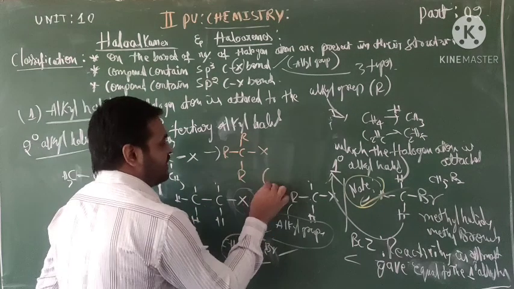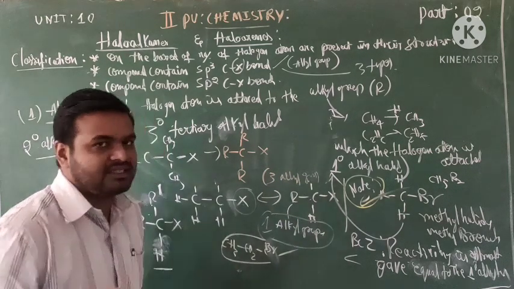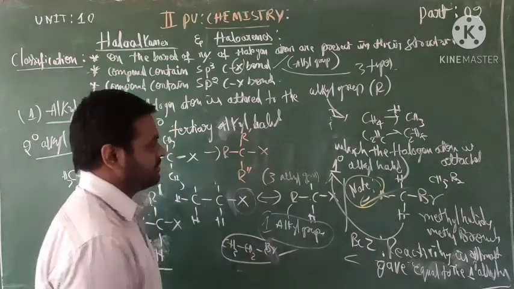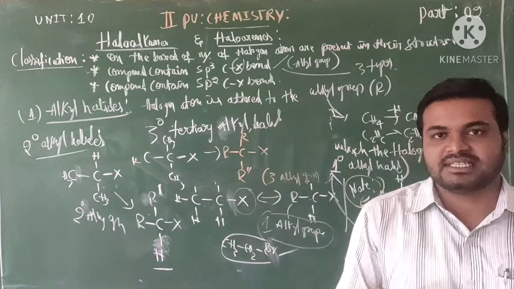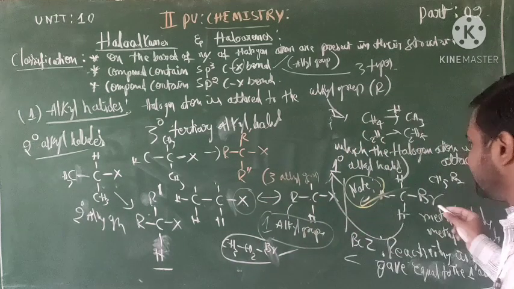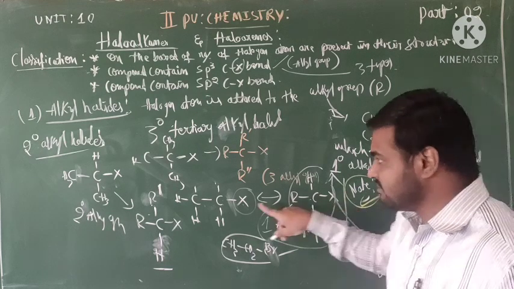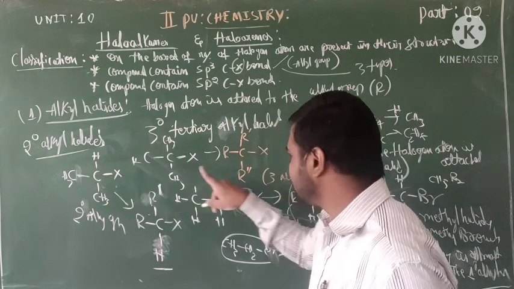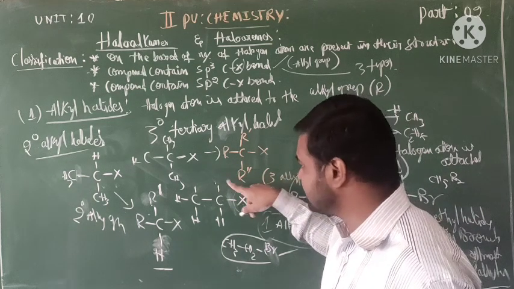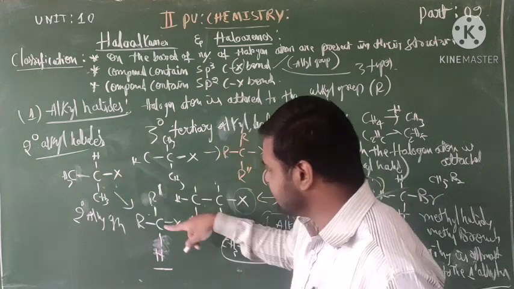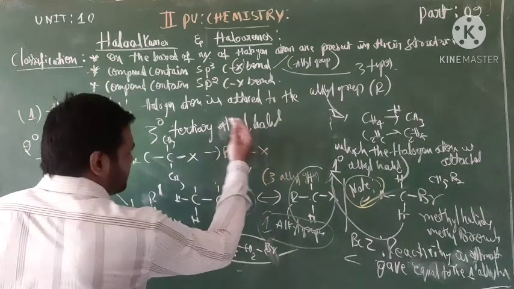R represents three alkyl groups. We do not have confusion, right? Okay, so R1, R2, R3. This is about the tertiary carbon atom. For primary, the halogen atom is bonded with the primary carbon atom. Halogen is bonded with the secondary carbon atom. Halogen is bonded with the tertiary carbon atom. Tertiary means three alkyl groups are present, secondary means two alkyl groups, and primary means only one alkyl group is present. Clear?